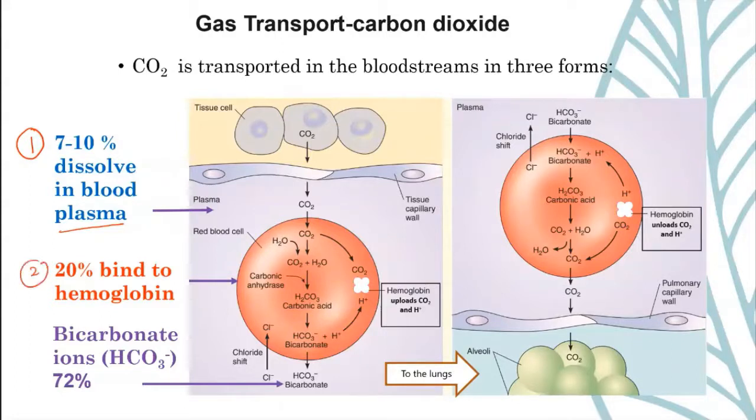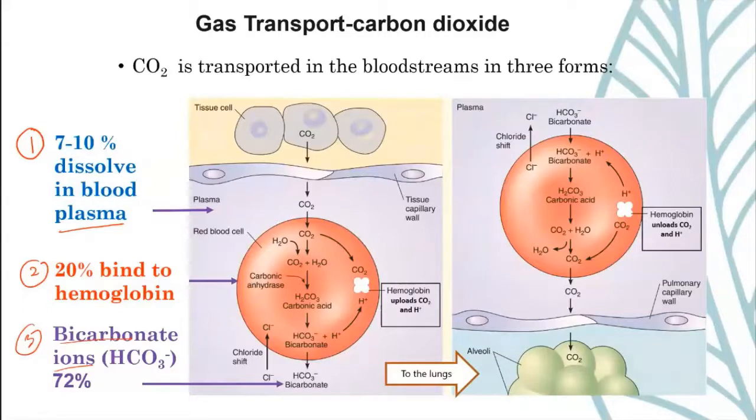Second, 20% binds to hemoglobin. Hemoglobin is the pigment inside your red blood cell. And then the majority of the carbon dioxide, which is 72%, is in the form of bicarbonate ions, HCO3 minus.